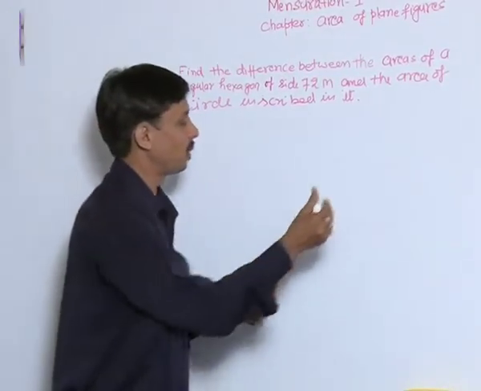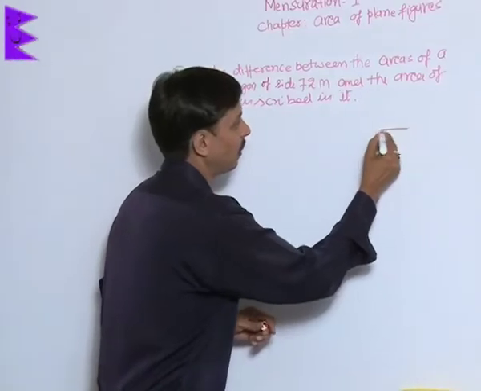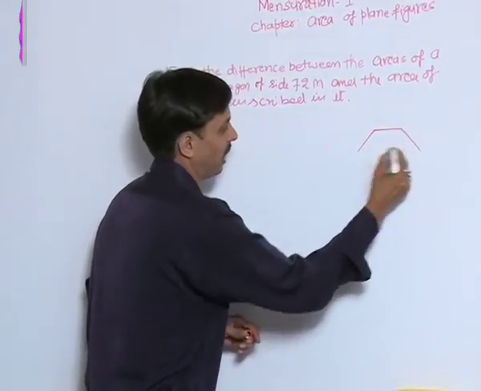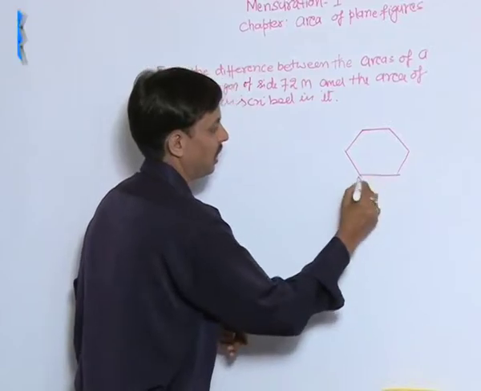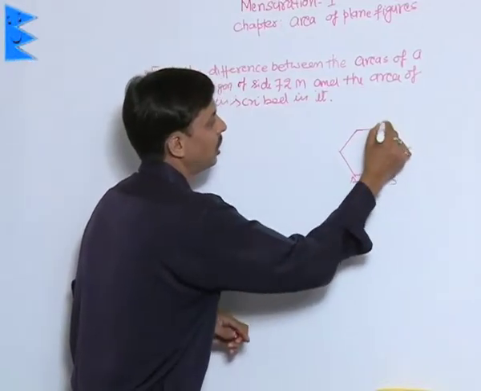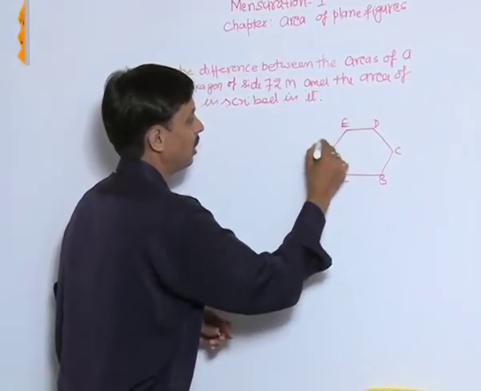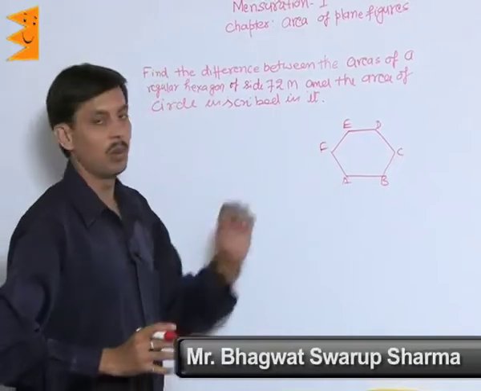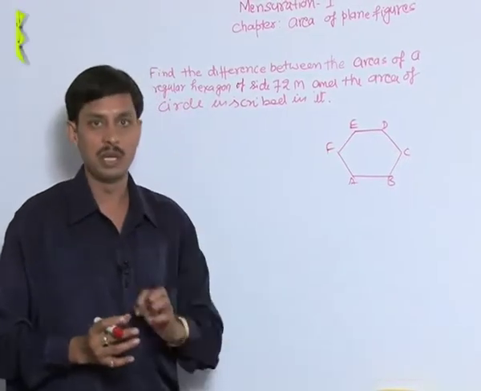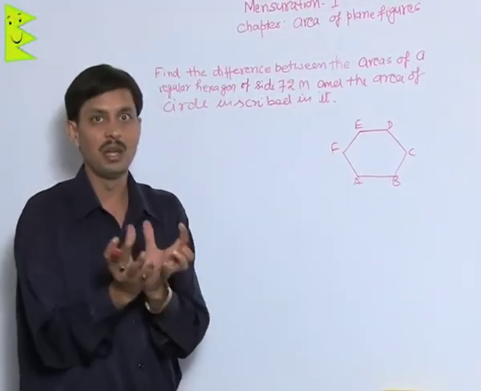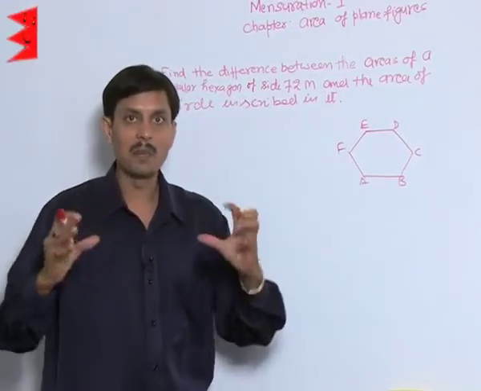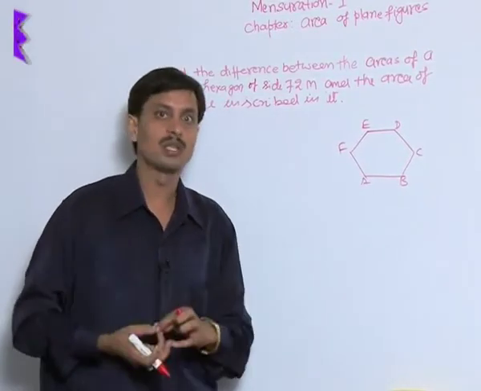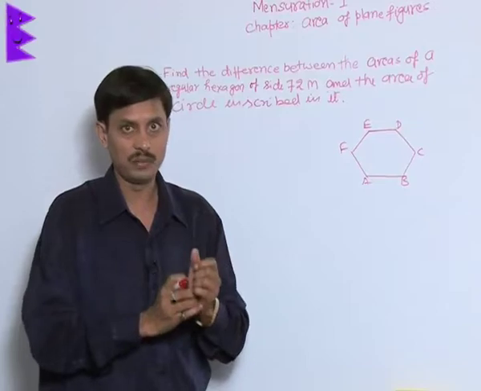If I draw roughly one figure of a regular hexagon like this, 1, 2, 3, 4, 5, 6 sides, A, B, C, D, E, F. This is a regular hexagon. The word regular: what is the difference between a regular polygon and an irregular polygon? A regular polygon is one where all sides and all angles are equal.